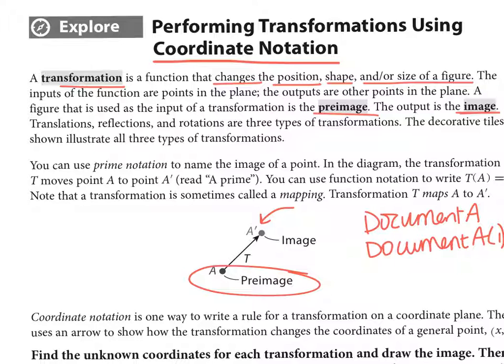It's the same idea with these primes. For instance, if we moved this A point again, the next image would be a double prime. So each time we move it, or transform it, it becomes a new image.